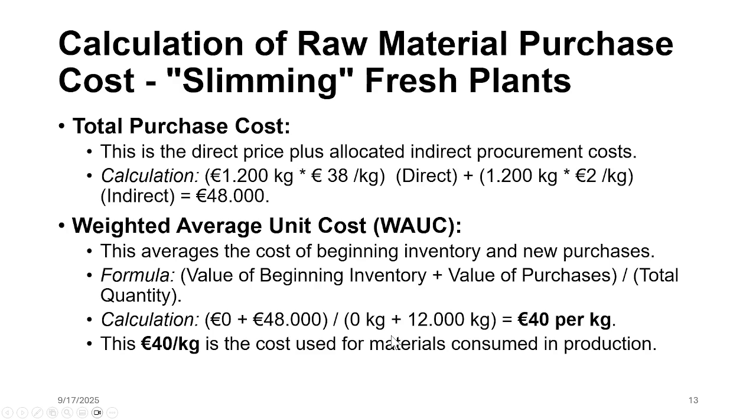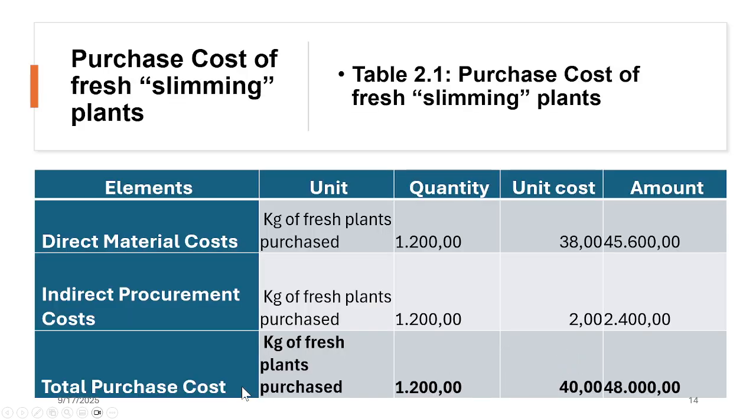After that we have the total purchase cost; the quantity here should be 1,200, and we divide the total amount by the quantity, and we have a unit cost of total purchase cost of 40 euro per kilogram.